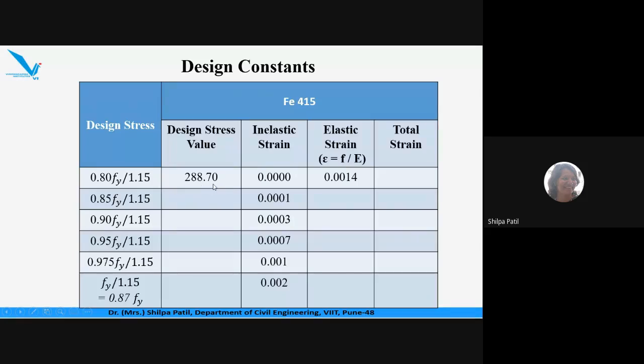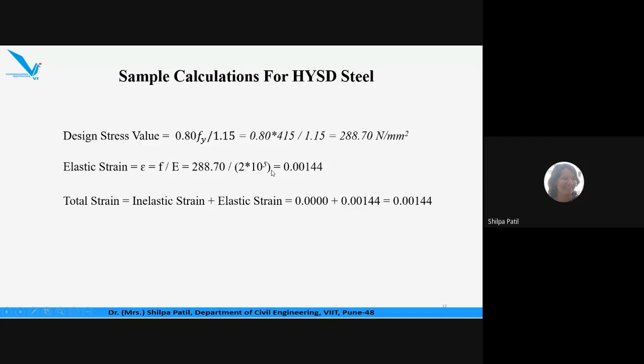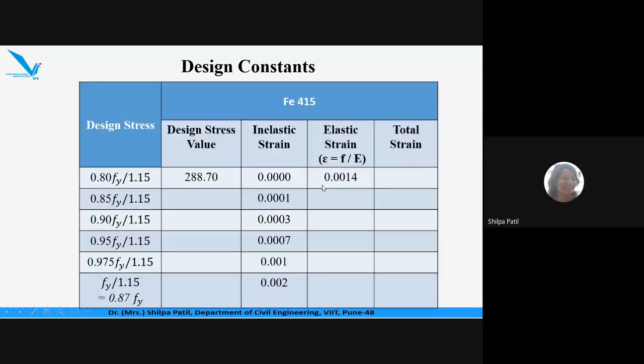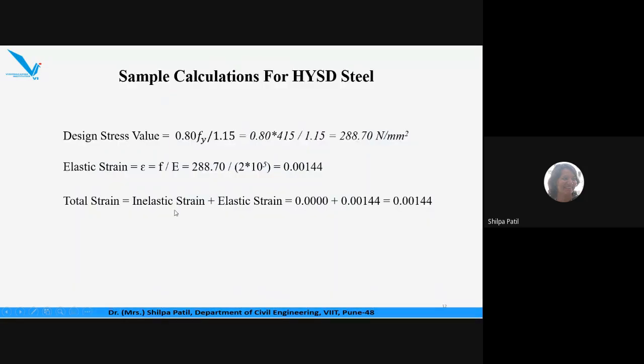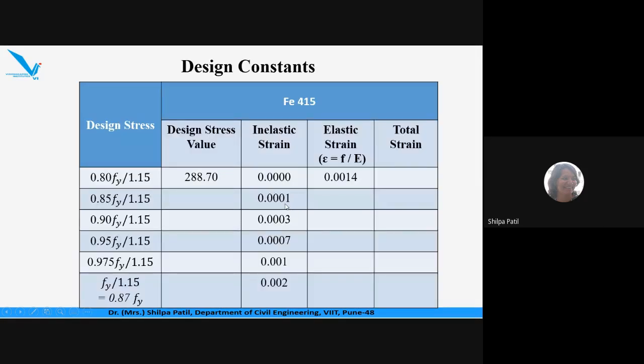F is 288.70 divided by E, which is 2 into 10 raised to 5. So F upon E, I'm getting 0.00144. The same value is written here. And the total strain we can calculate as the addition of these two strains, inelastic strain plus elastic strain. Here the inelastic strain value is 0, the elastic strain is 0.0014. So the total strain will come out to be 0.0014. Is it clear?